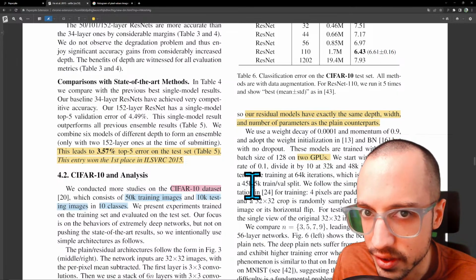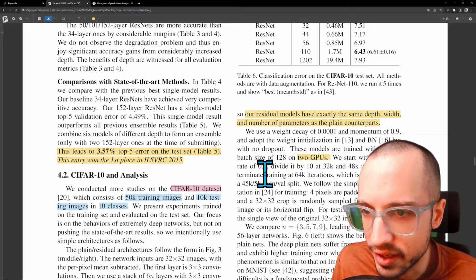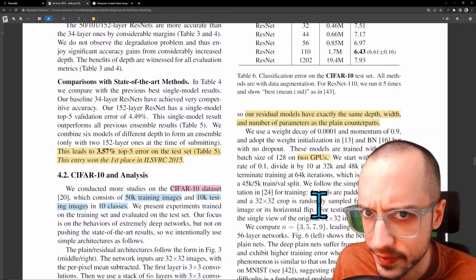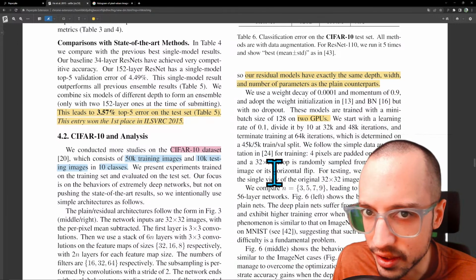Start with a learning rate of 0.1, divide it by 10 at 32K and 48K iterations, so also a learning rate schedule here. Follow simple data augmentation: padding, random cropping, random horizontal flipping.